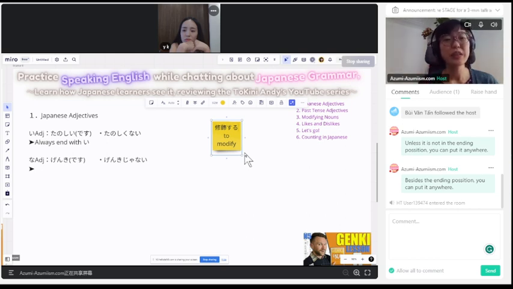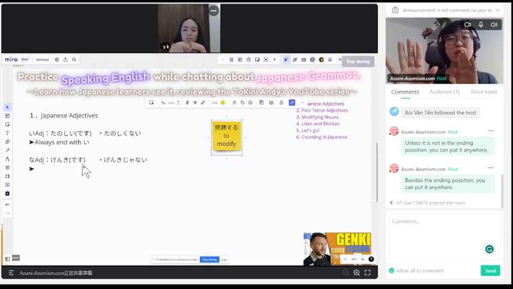So if you don't start with talking about modifying nouns, then you cannot explain why E and na adjectives exist. You know what I mean? Because Andy-san started to explain this. 楽しいです。元気です。This is not modifying a noun. You are just talking about the subject being in this state. Right?